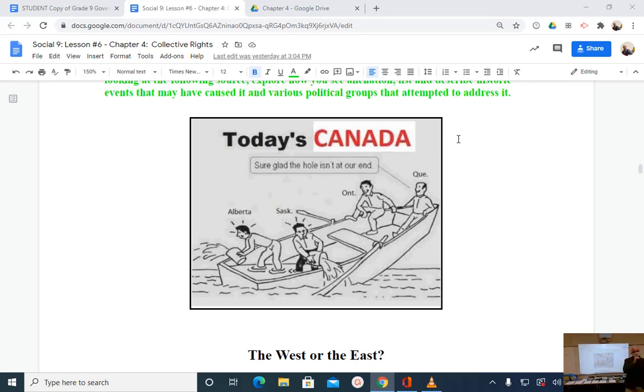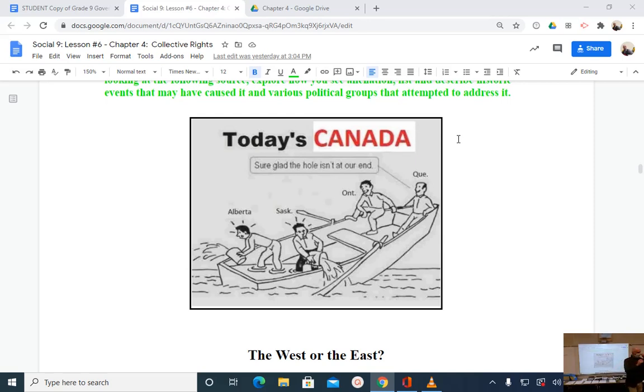But there's an added twist to this cartoon. So far we've said, big picture, it's a cartoon about Canada. The title says Today's Canada.